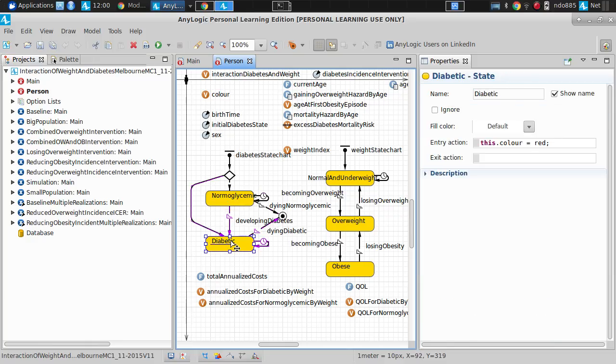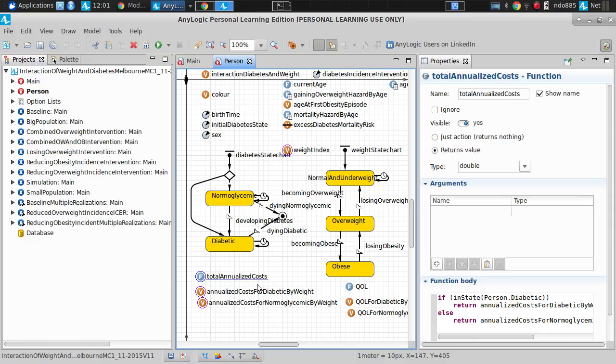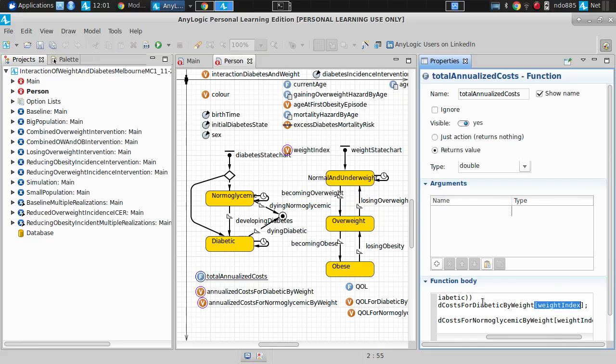Well, you'll notice that their costs are going to be a function here of their current state, okay? So here we have total annualized costs. If they are diabetic, then we're going to return annualized costs according to their weight status for diabetics. If they are not diabetic, we'll return the costs associated with non-diabetics by their weight status.